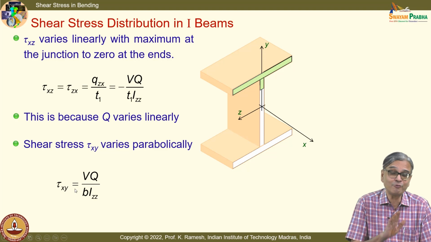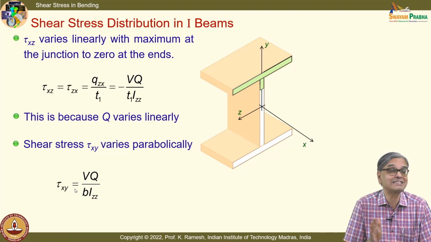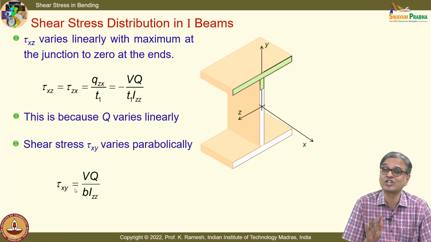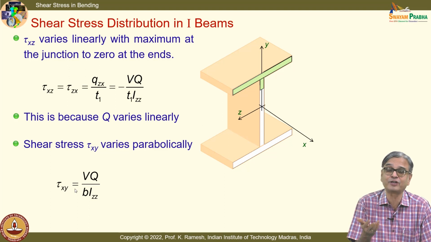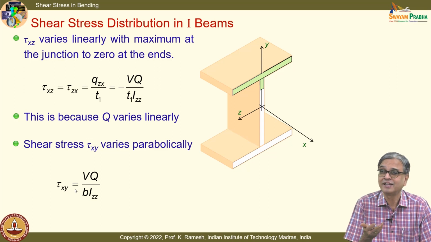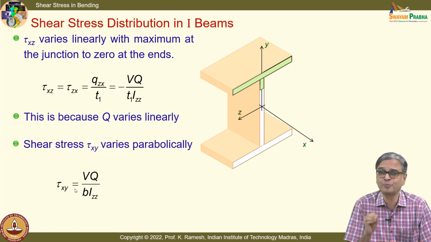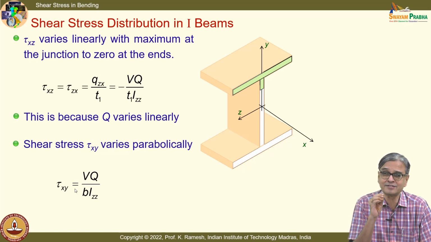So you have tau xy as well as tau xz existing in the case of an I beam. You may have to investigate when you take a channel. You should look at how it is loaded. If you take an L angle section, you will also have to find out the way that you have to make a cut. So the moment you come to open sections, you have to understand the fundamentals of how the shear stresses are developed.